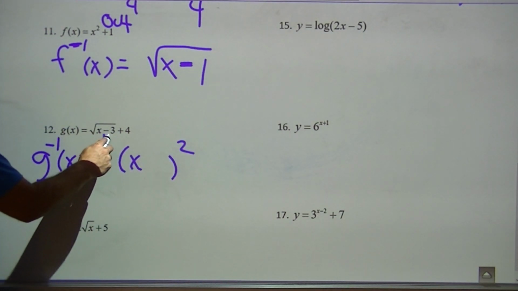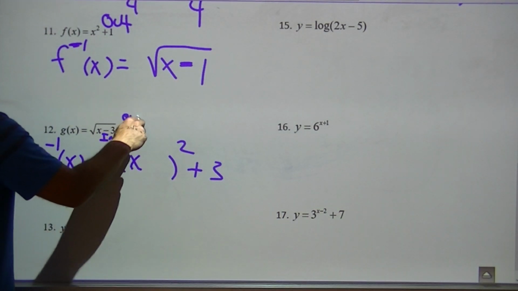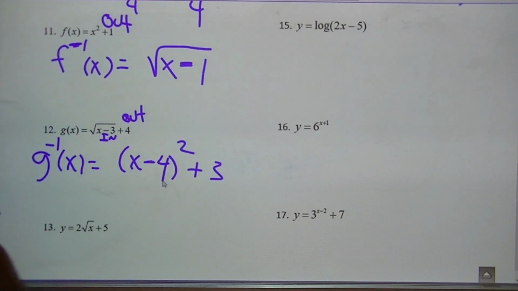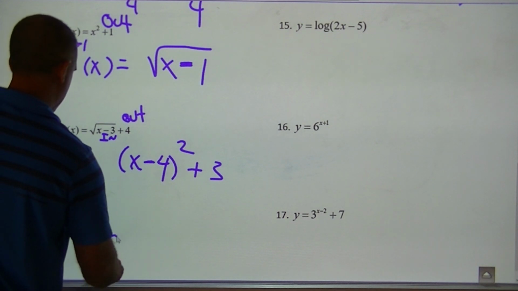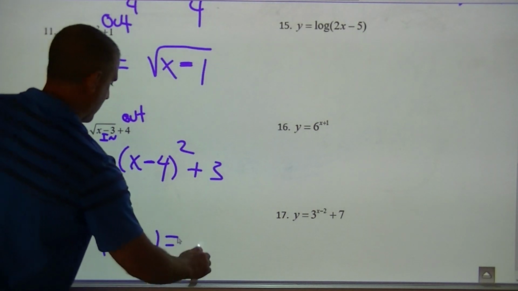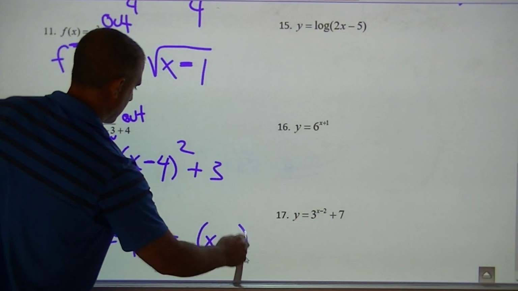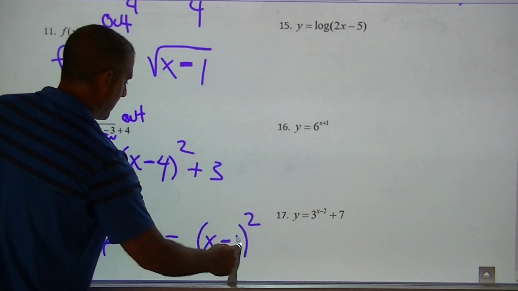That minus 3 is inside, so that becomes plus 3 on the outside. That's plus 4 on the outside, minus 4 on the inside. This would turn into the inverse, which would be squared. That's 5 on the outside, that becomes minus 5 on the inside.